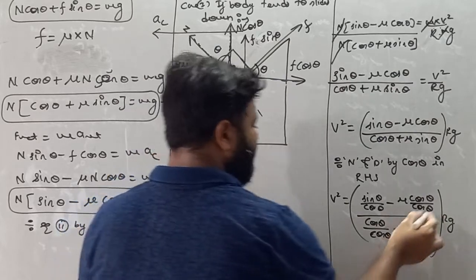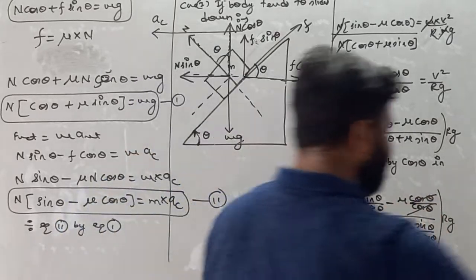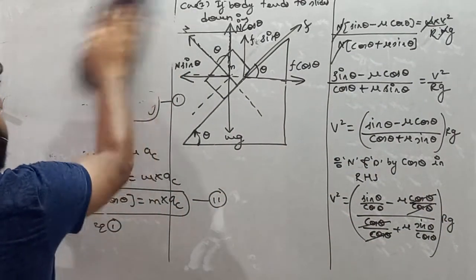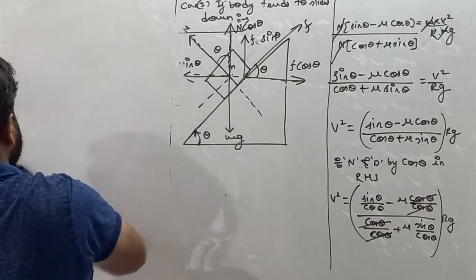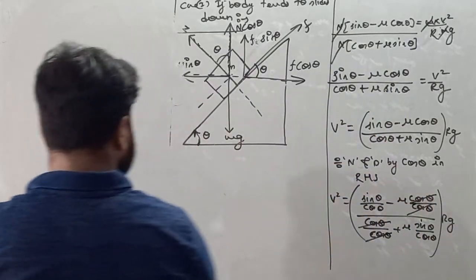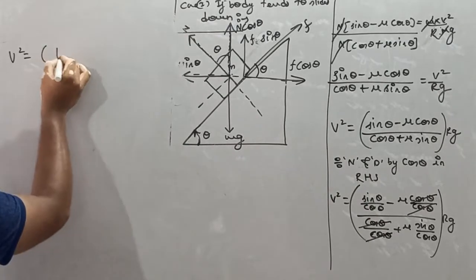So now see, cos theta gets cancelled, cos theta gets cancelled. So v square becomes equal to sine theta upon cos theta, which is nothing but tan theta.